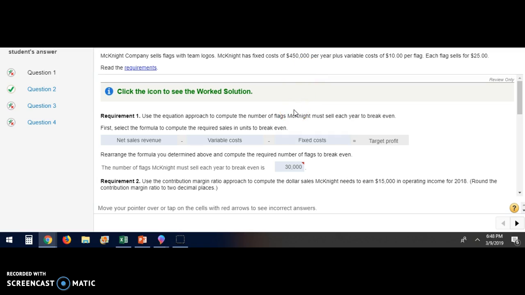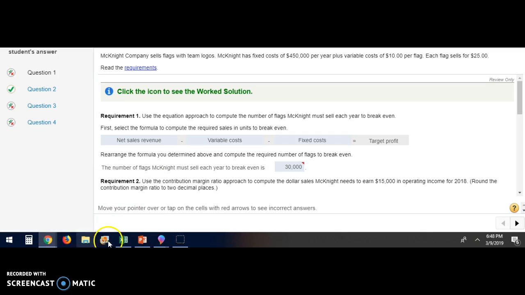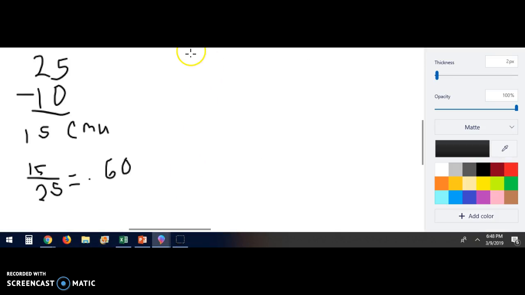So that's the main thing that you need to know in order to break even. So if you take your $450,000 and you're making $15 on each, 450,000 divided by 15 is the way that I would figure it out.